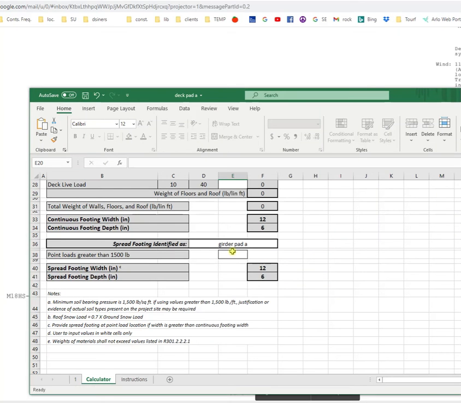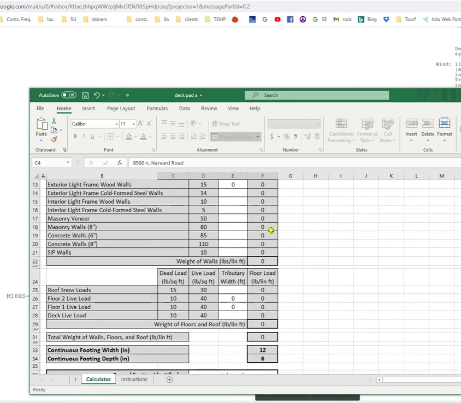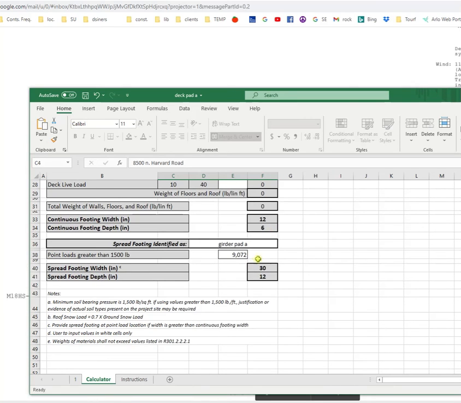So here, I'm going to do the front one. I'm going to plug in that 9,072 right here. That's the pounds. Hit enter, and boom, it tells you that that pad needs to be 30 inches by 12. So that's girder pad A, and I'll save this as girder pad A.